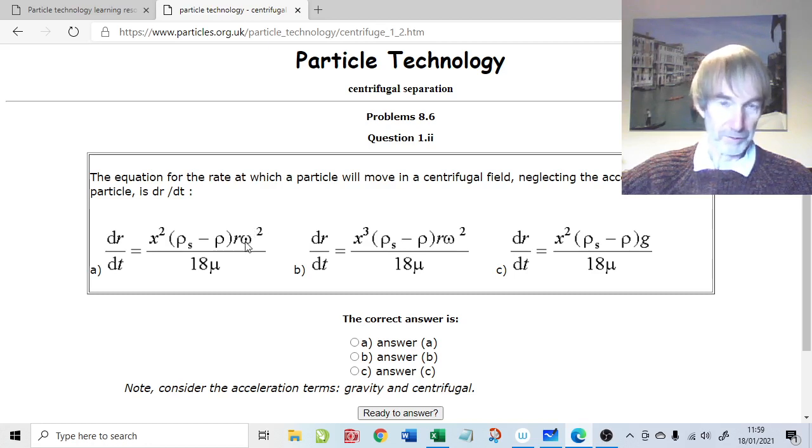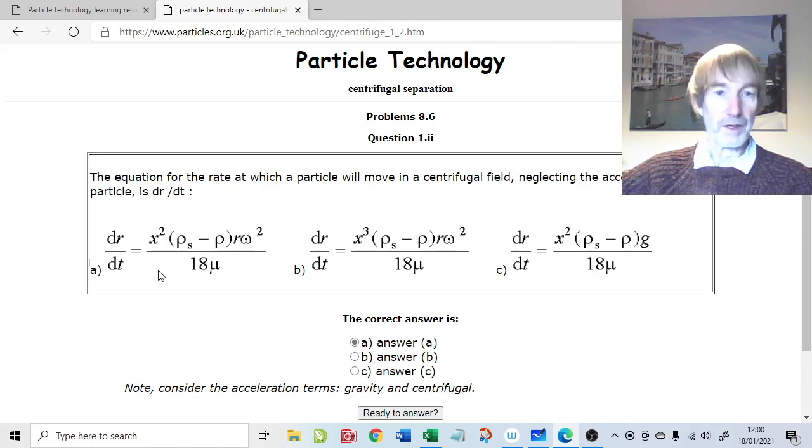Here is our centrifugal acceleration for our centrifugal field force rather than the gravitational field force. So the equivalent equation to Stokes' law in a centrifugal field is in fact answer A. It's not dz dt, it's dr dt. We're talking about a radial coordinate now, where r is the radius, or radial position more accurately, and t is time.